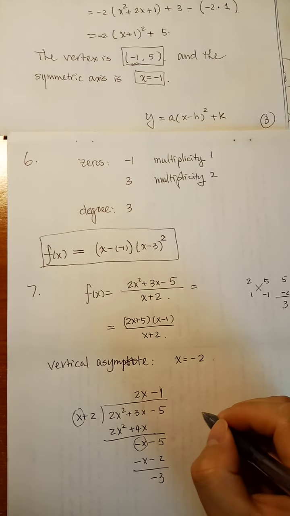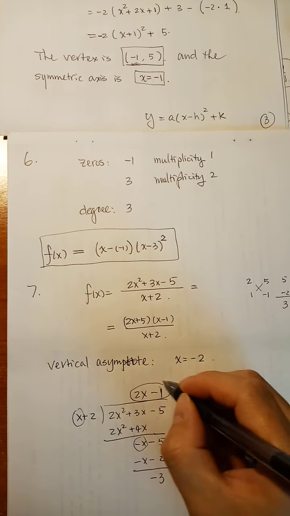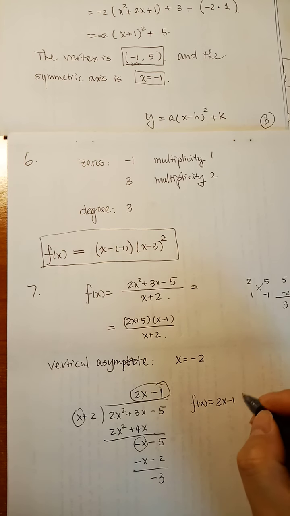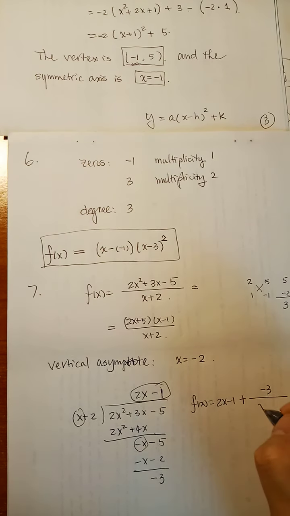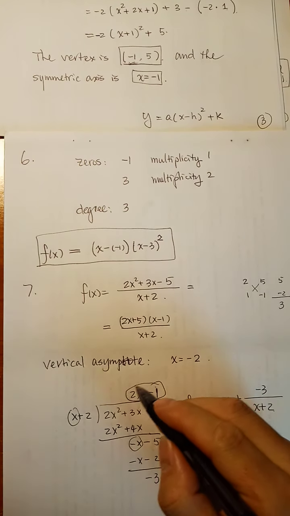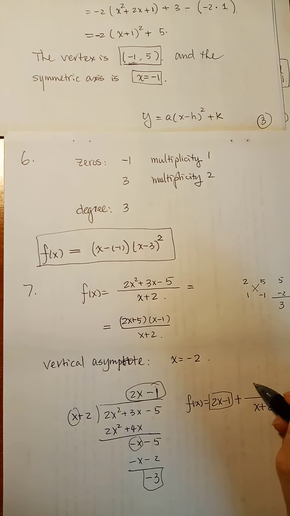So the function f(x) is equal to 2x minus 1 plus negative 3 over x plus 2. The denominator is still the denominator. The quotient is placed here. The remainder is placed here.